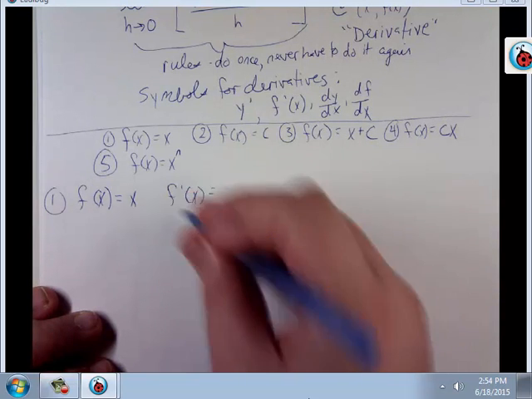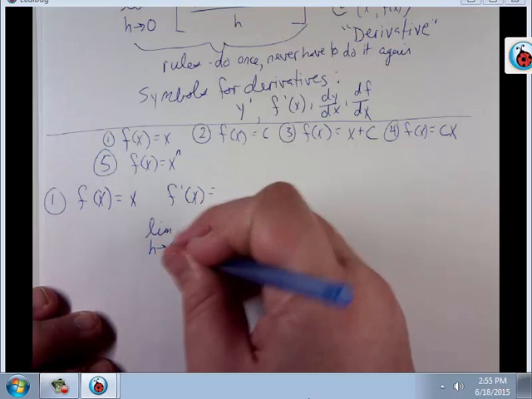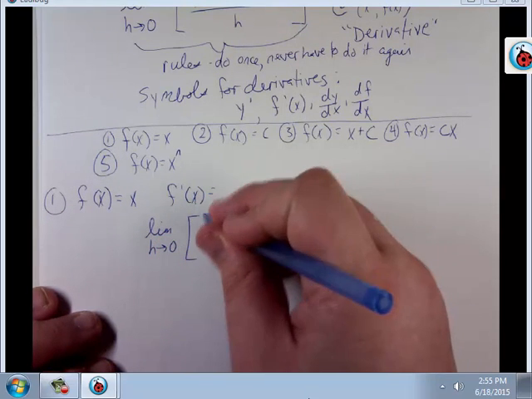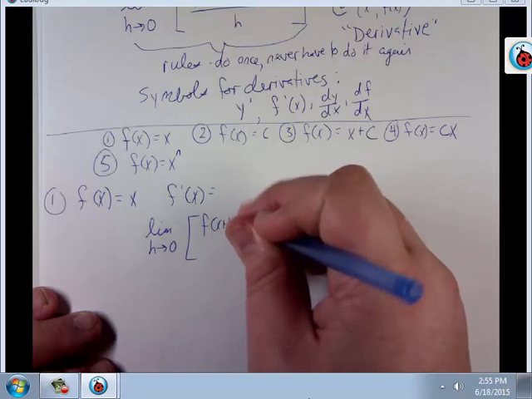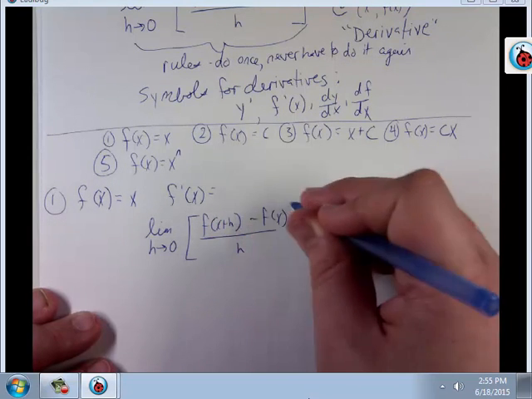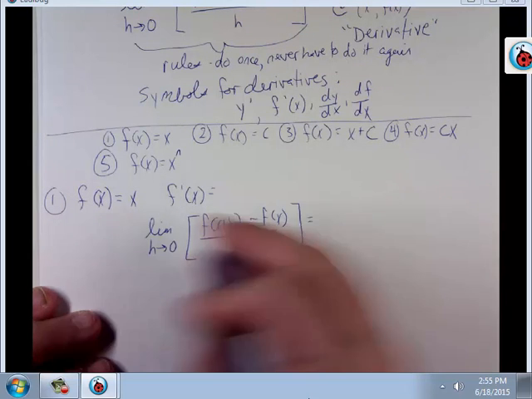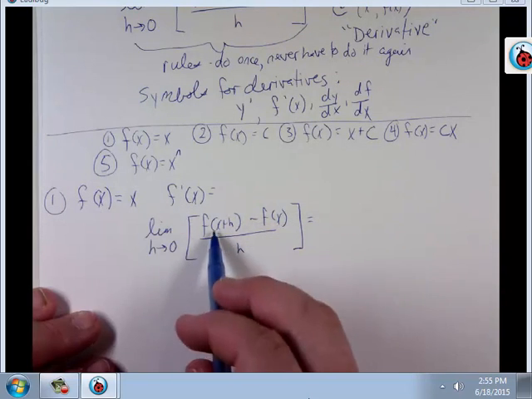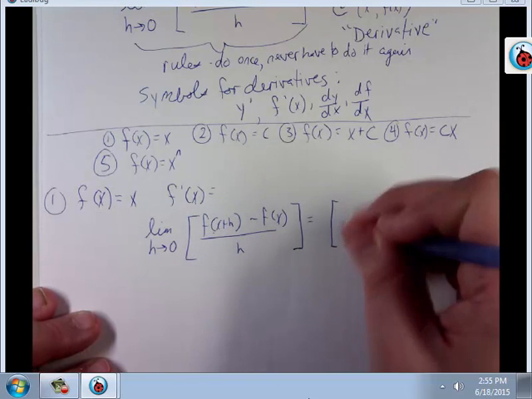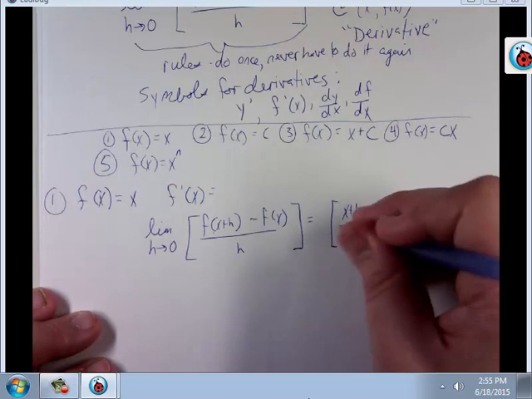Well, we know that's going to be the limit as h goes to 0 of f of x plus h minus f of x over h. So in this case we have f of x equals x, so f of x plus h is just x plus h. F of x is x, all over h.